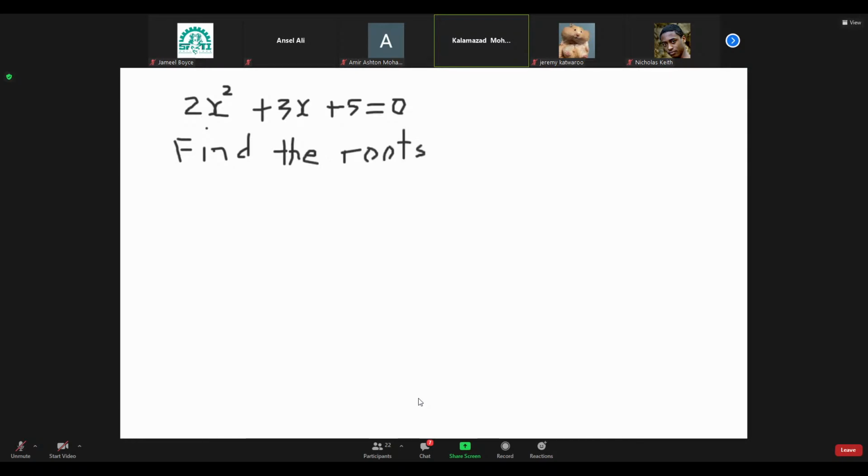That simply means find the solution. The solution of a quadratic equation is called the roots. So using the quadratic formula, you have the quadratic formula with you. Work out the roots of this equation and tell me what you get. Take your time. It's minus b plus or minus.